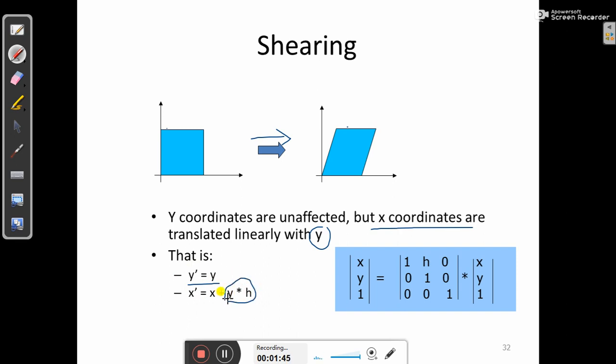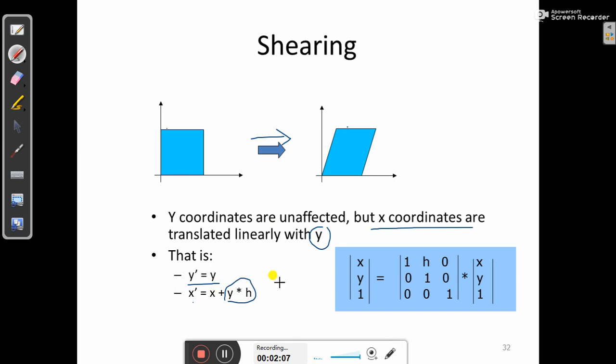So the y value will be multiplied with h, the shearing factor h, then added to the old x, and we'll get the new x dash. So x dash is related linearly with y, which is multiplied by the shearing factor.